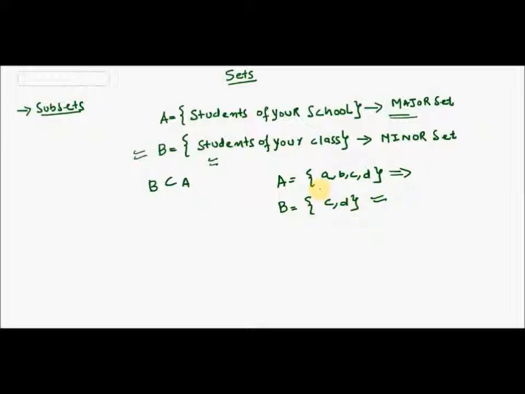And second, every element of B is also present in A. So in this way I can say that B is a subset of A. That means B has been derived from A. You got me? So this is what we mean by subset.